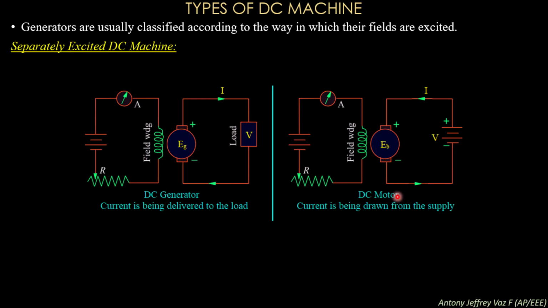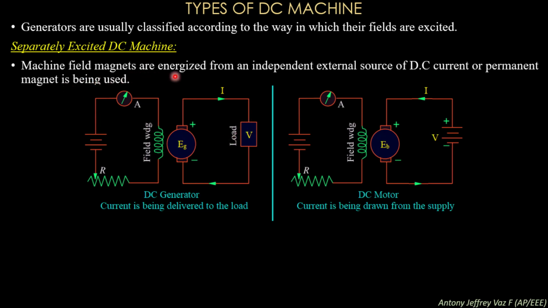Whereas for the DC motor, instead of generating EMF, the back EMF Eb is present. For the motor you need to supply electrical energy, that is the battery, and the motor will deliver an output of mechanical energy. The current is flowing into the motor, whereas in the generator the current is delivered to the load.